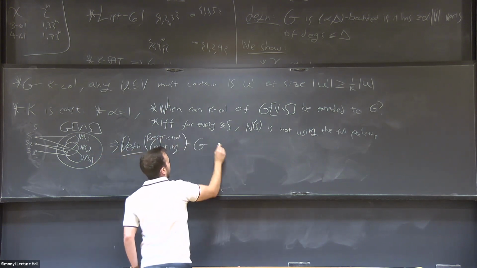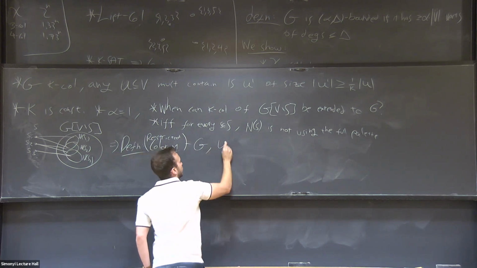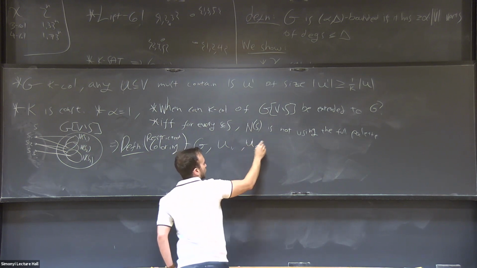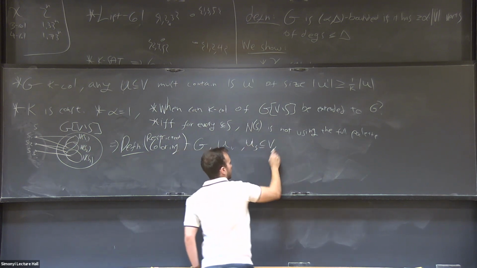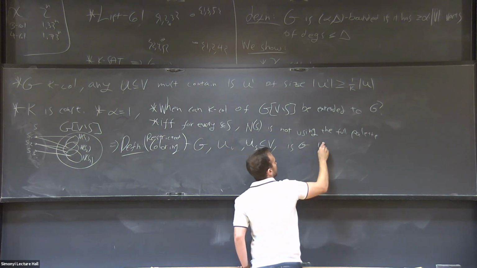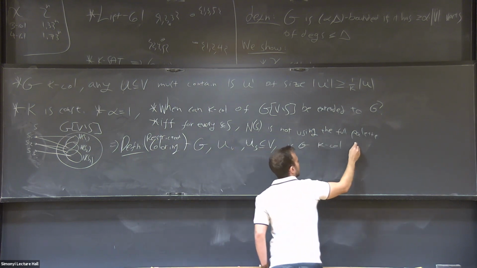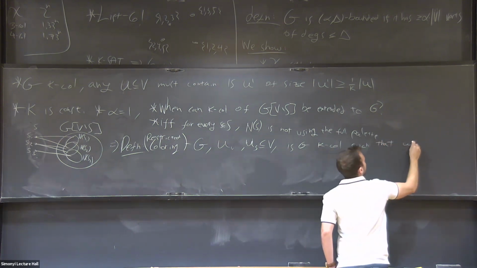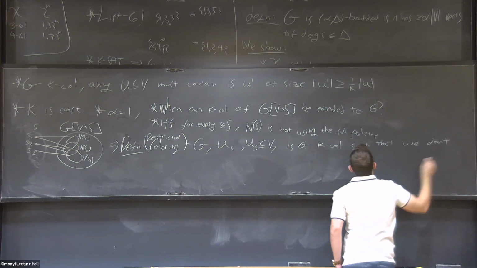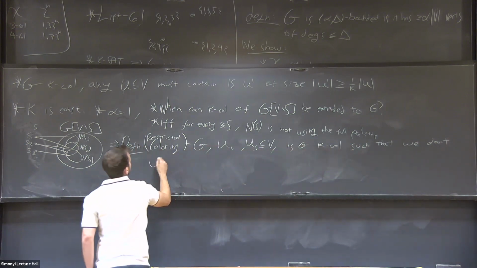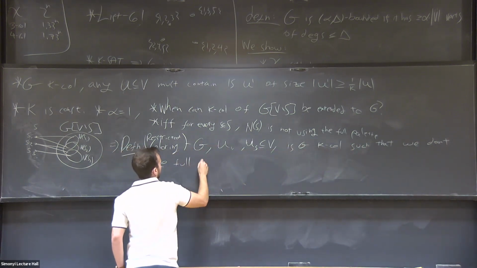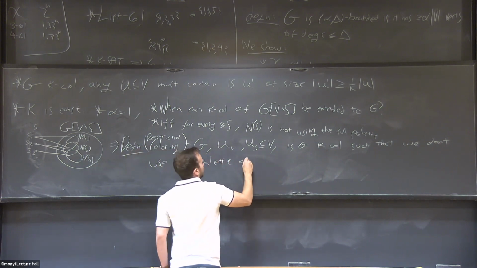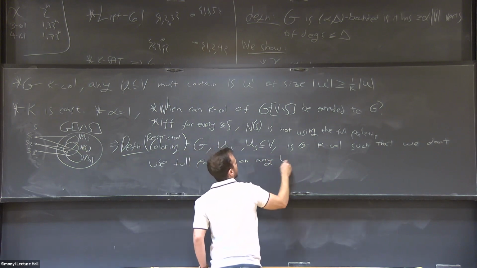I give you a graph G, I give you some subsets, let's call them U1 to US, of the vertices, and I ask you, is G K colorable such that we don't use the full palette on any Ui?